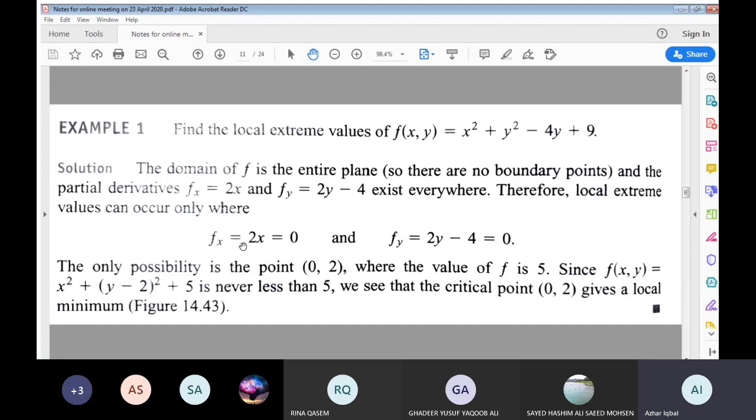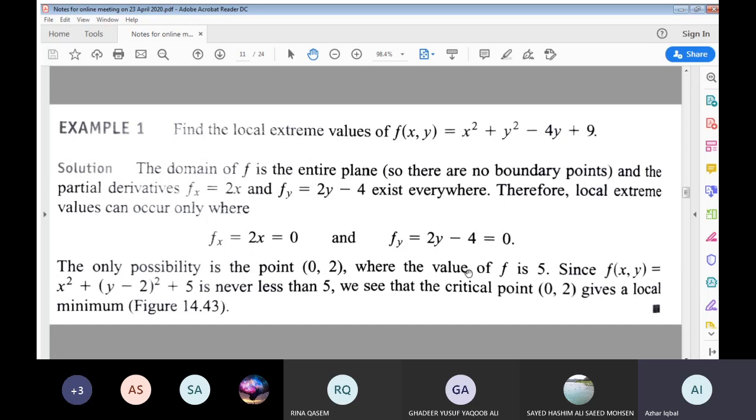So to determine the local extreme values, you equate these two partial derivatives to zero. So f of x is equal to 2x, which is 0, and f of y is equal to 2y minus 4, which is 0.